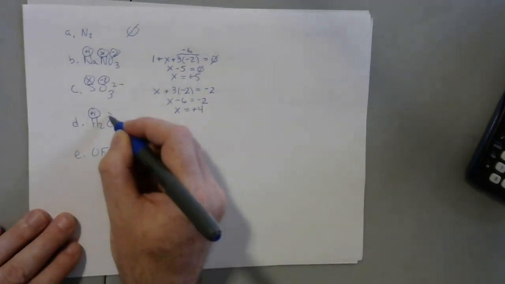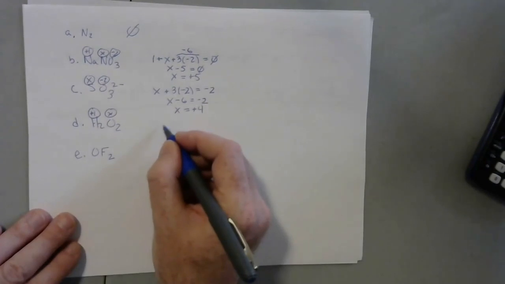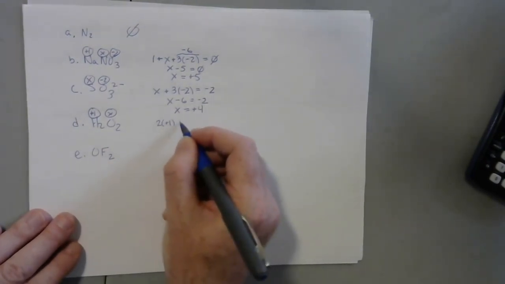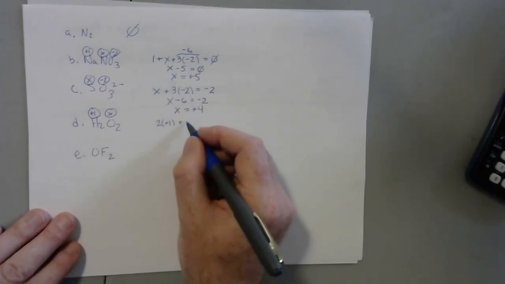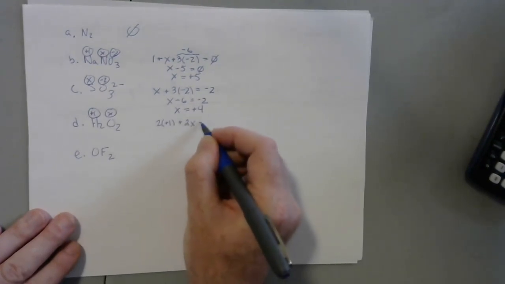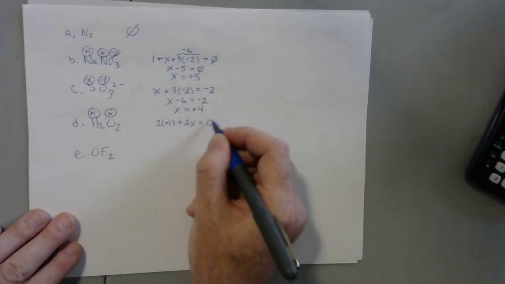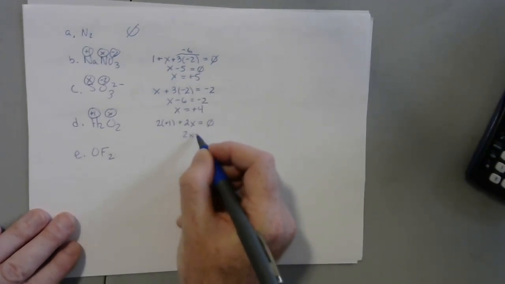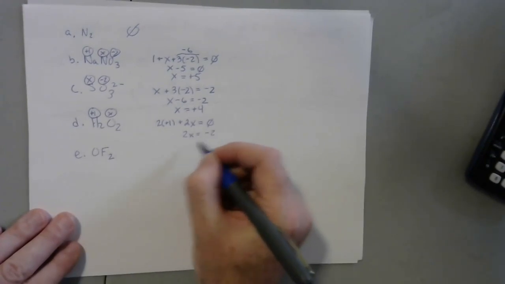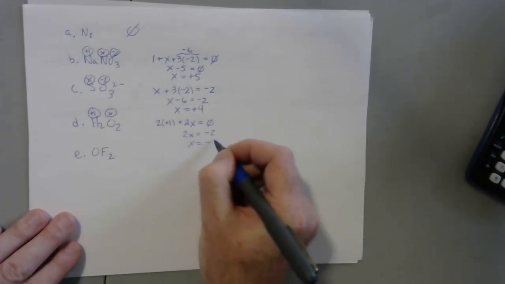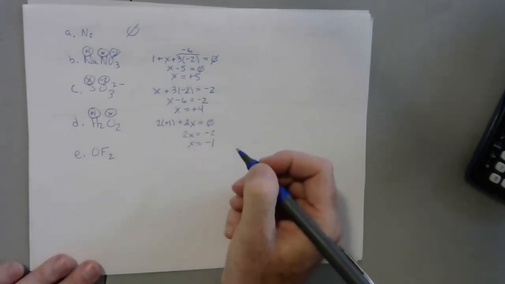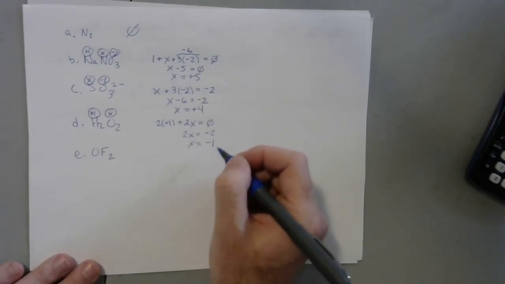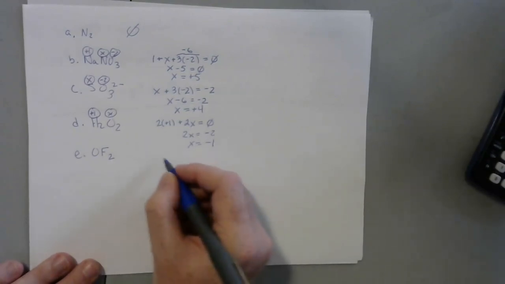So we'll go ahead and make it an X. So it's 2 times +1 plus 2X equals 0. Then 2X equals -2, so X is going to equal -1. And that's just what the rule said it would be. Oxygens in a peroxide are -1.